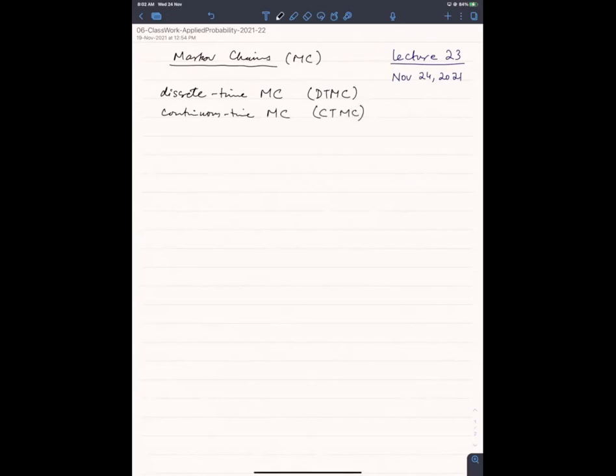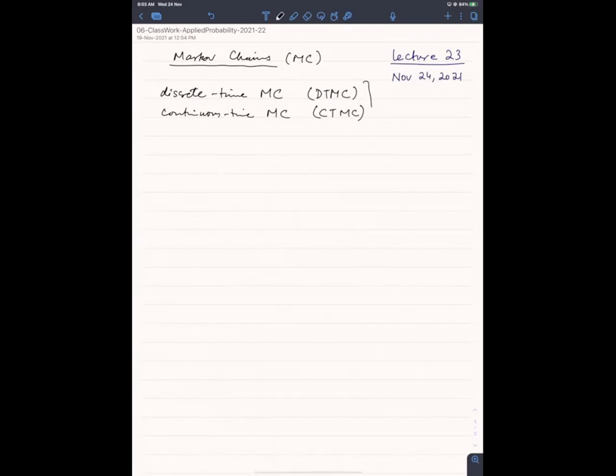Both very important, used to model a lot of physical processes which are concerned about moving from one state to another state, and we will explain what we mean by a state. So let me just first focus on the discrete time Markov chain.